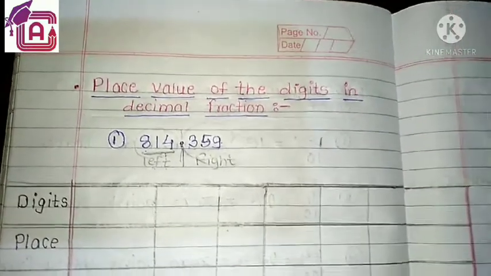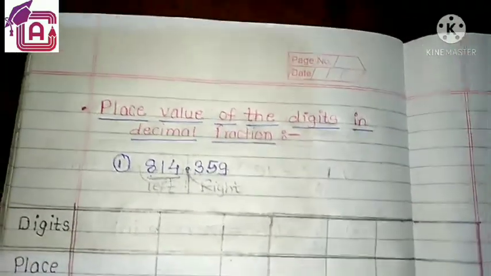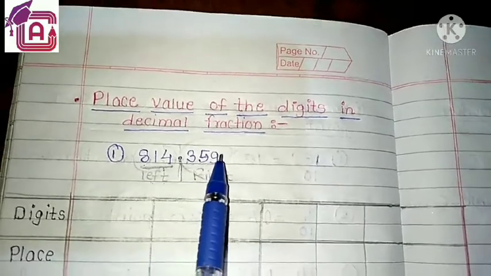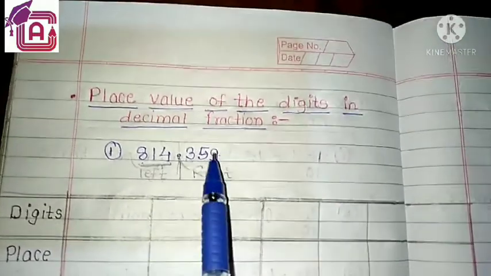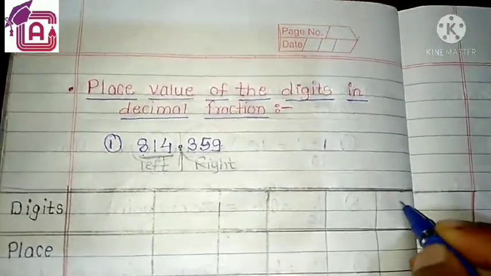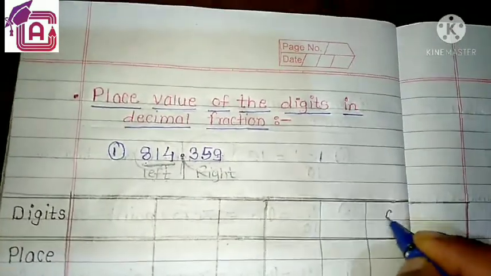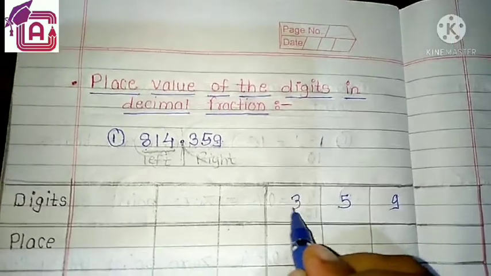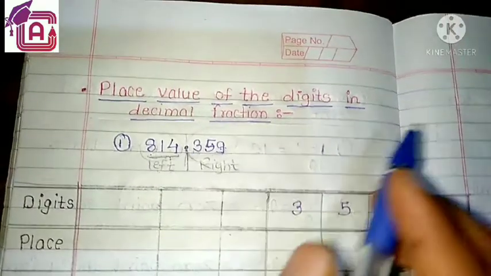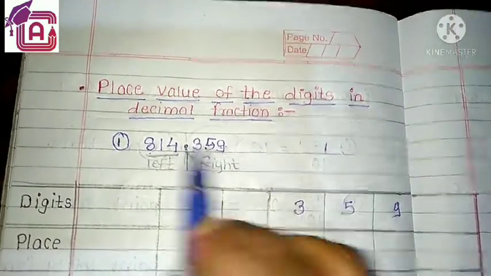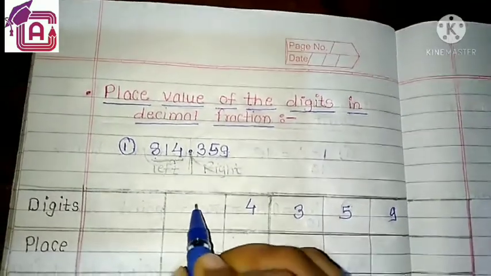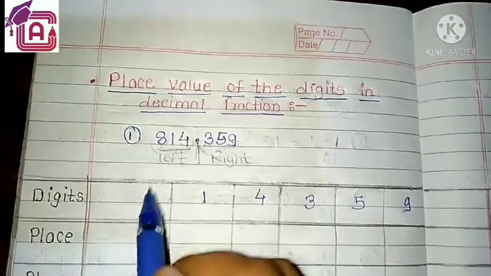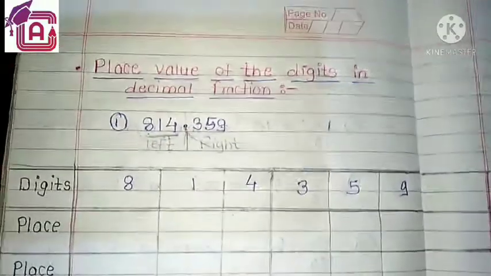I always tell you that when you are writing place values in a table, start from the right side. First number is 9, then 5, then 3, then remove the point, and then the number is 4, then 1, and 8.